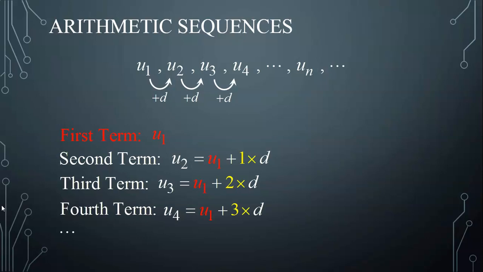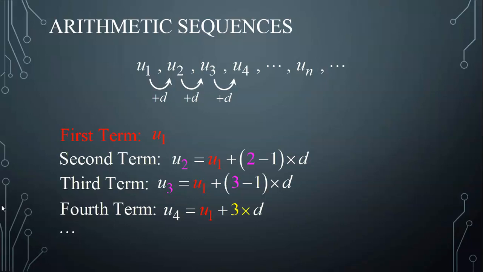And this pattern continues. Now looking back at the pattern, I noticed that for the second term, when n equals 2, D was multiplied by 1, which is 2 minus 1. For the third term, when n equals 3, D is multiplied by 2, which is 3 minus 1.